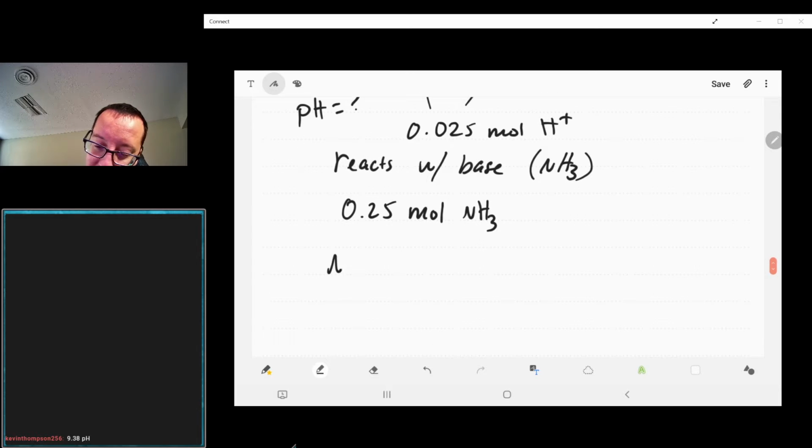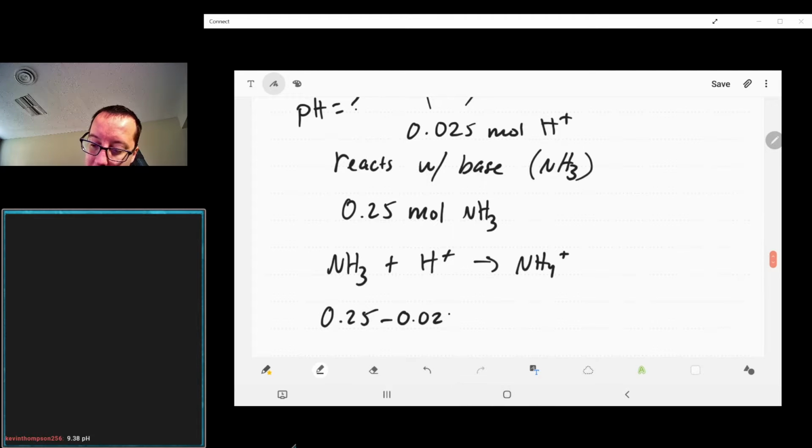Stoichiometry, if we really wanted, we would throw out an equation, something like that. We would see the coefficients are 1. Technically, we would see how much ammonia is used up, or if we were just wise about it, we would just subtract the 0.025. Which means that we have 0.225 moles of ammonia left.